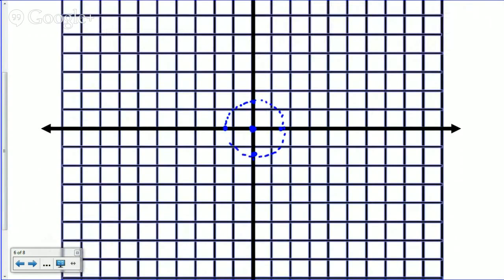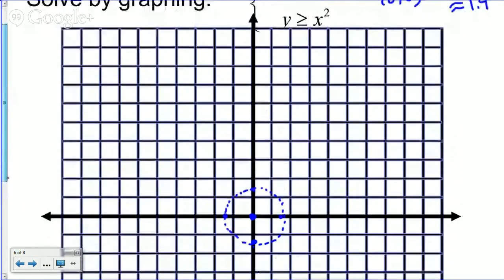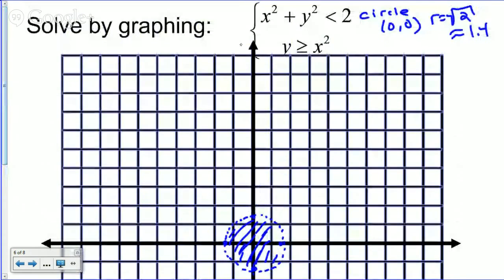So that tells me I cannot choose those. So my ordered pairs are less than my radius. So I'm going to shade inside of that circle. And let's get rid of that dot because I cannot choose that. Again, I could pick 0, 0. If we pick 0, 0, that's 0 plus 0, 0, and 0 is less than 2.